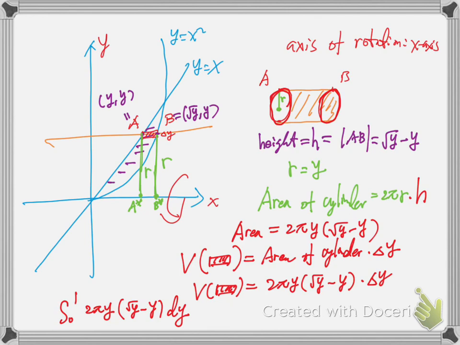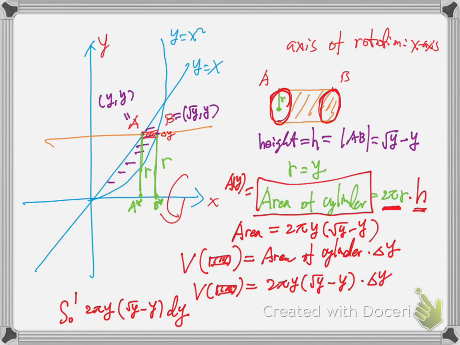For this method, we didn't cut the axis of rotation, we cut the other one. So it's a parallel cut, and when you rotate AB, you get the cylinder. First you find the area of the cylinder, which is a function of y for this particular case, A of y. The formula is the length of the top or bottom of the cylinder times the height of the cylinder.